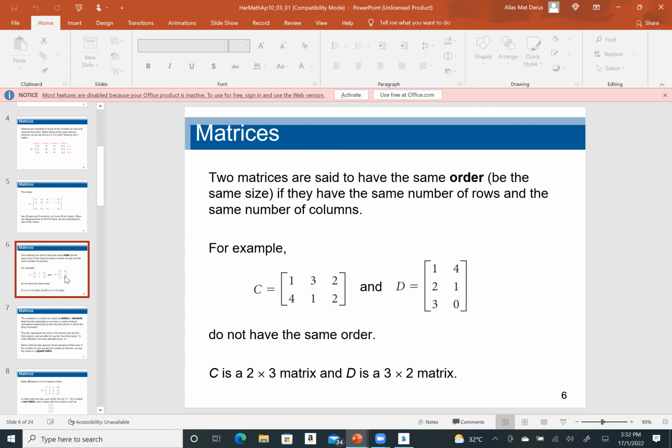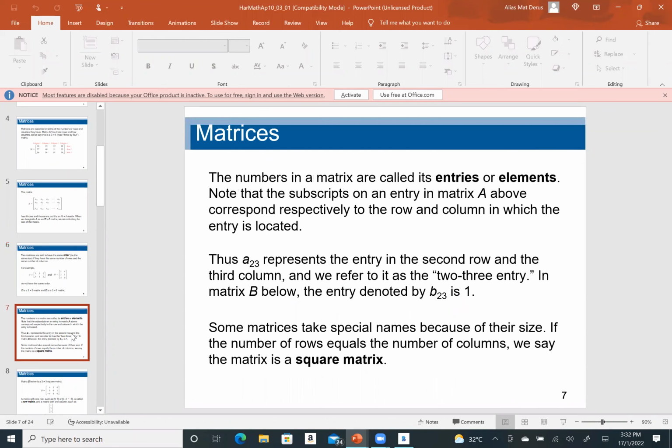Example here, I have what? C is 2 by 3. 2 rows, 3 columns. And here we have a 3 by 2. 3 rows, 2 columns. Okay. And the elements of a matrix are what you call elements or entries. They are normally numbers.